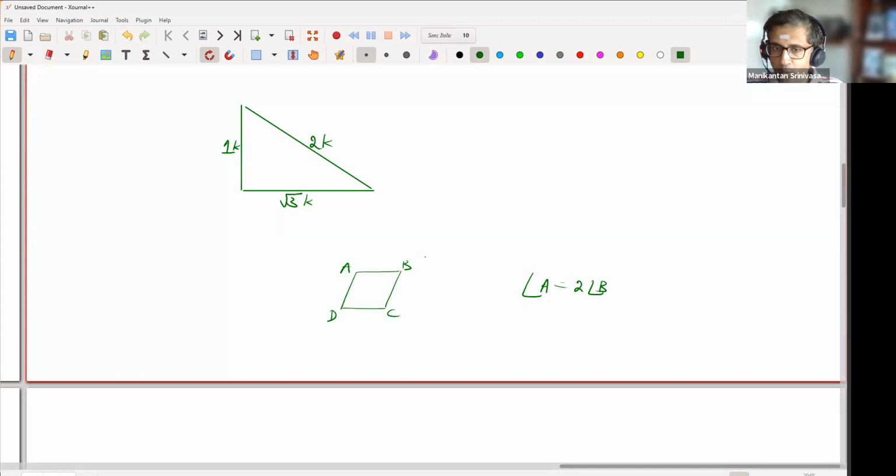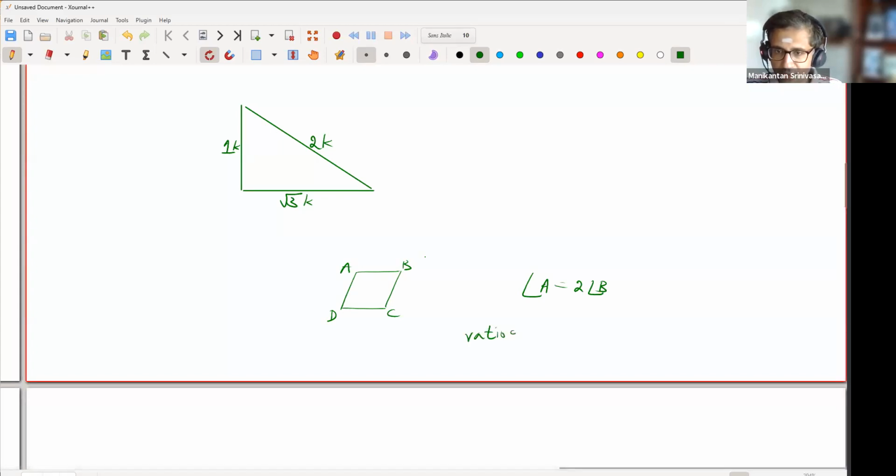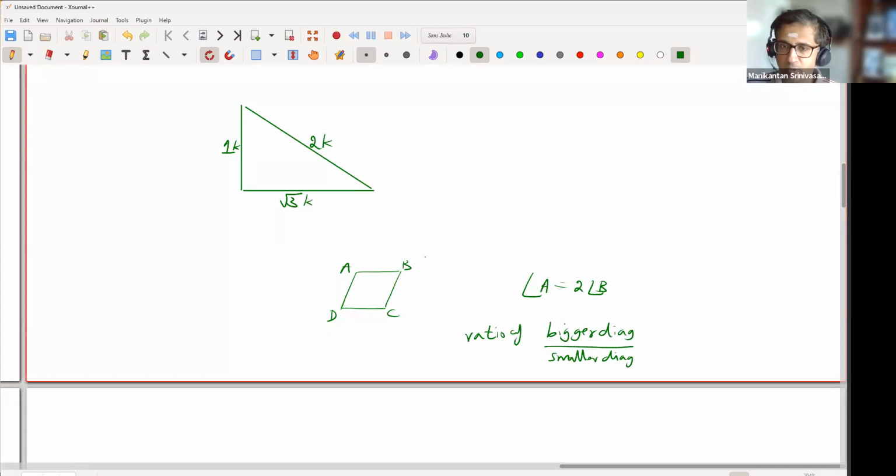Now, what I want is the ratio of the bigger diagonal by the smaller diagonal. There are only 2 diagonals in a rhombus. I want the ratio of the bigger diagonal to the smaller diagonal. Okay, all of you work it out.